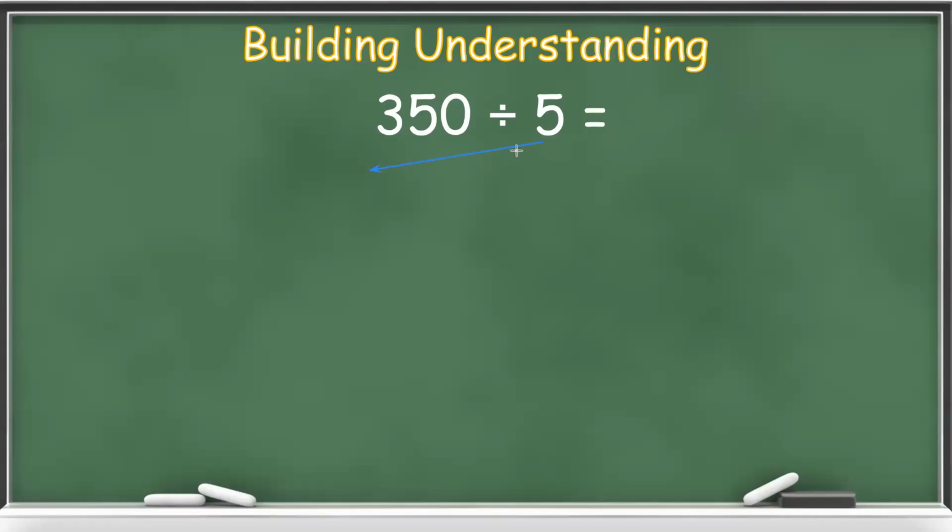So we're going to place our divisor at the beginning, and then we're going to place our dividend after the equal sign. And we're turning it into multiplication.